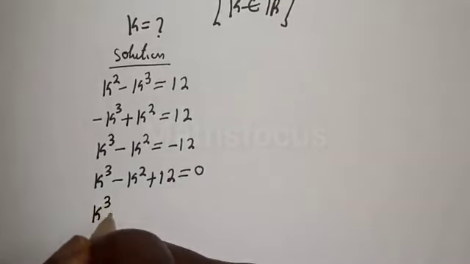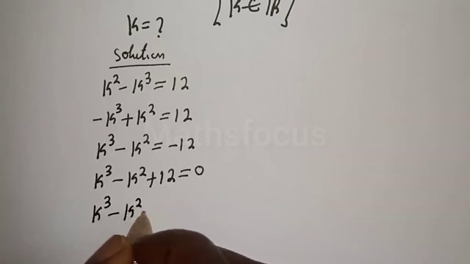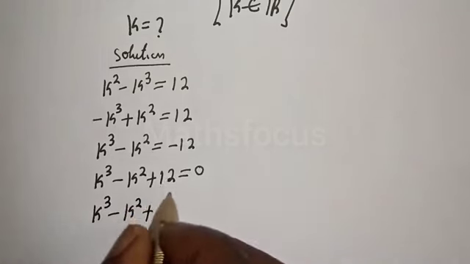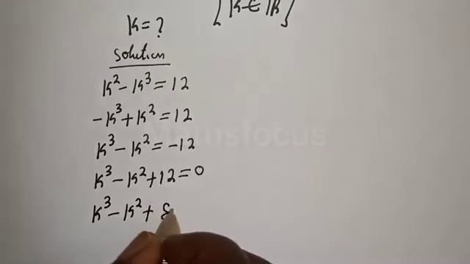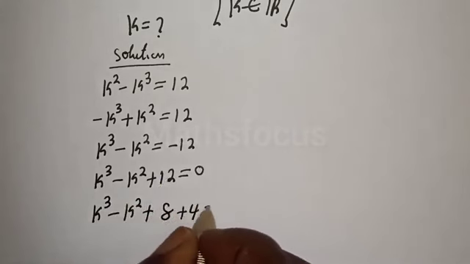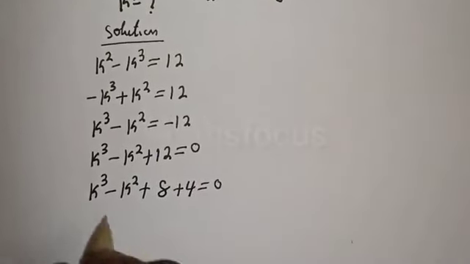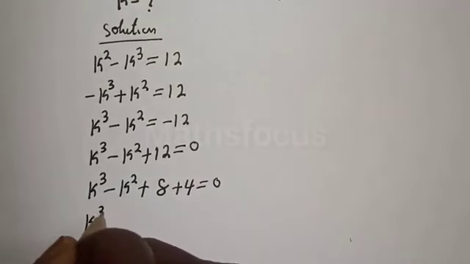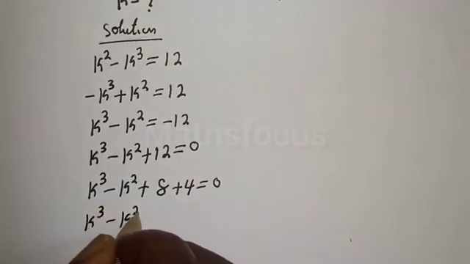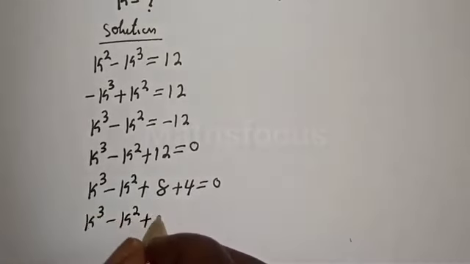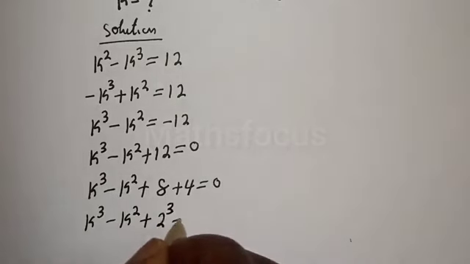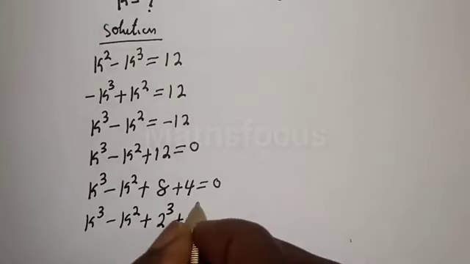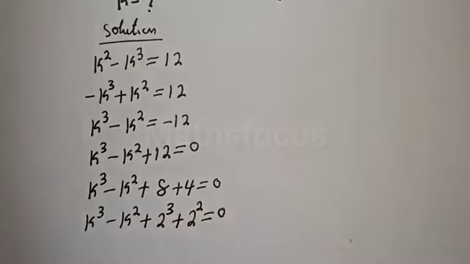k raised to power 3 minus k squared plus 12 can be written as k raised to power 3 minus k squared plus 8 plus 4 is equal to 0. Then k raised to power 3 minus k squared plus 8 plus 4, where 8 can be written as 2 raised to power 3 and 4 is 2 squared, is equal to 0.